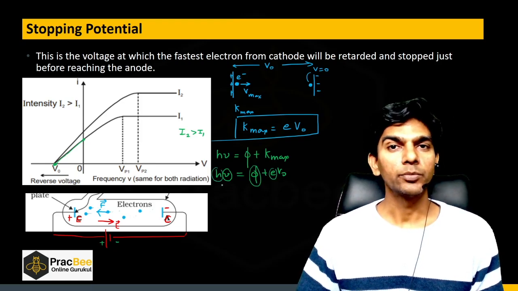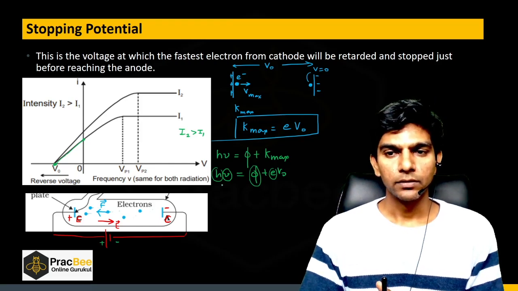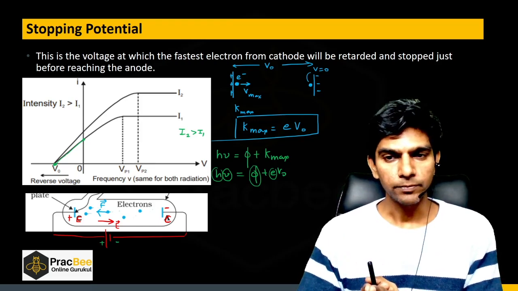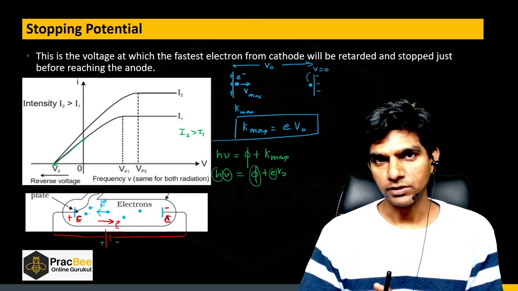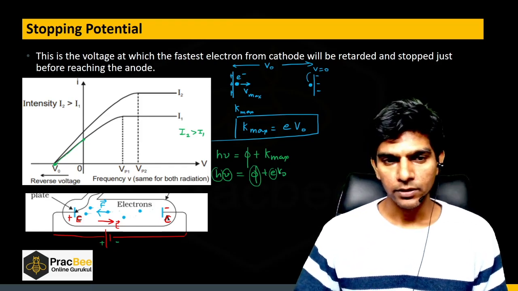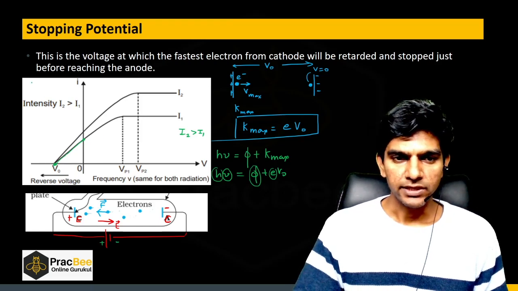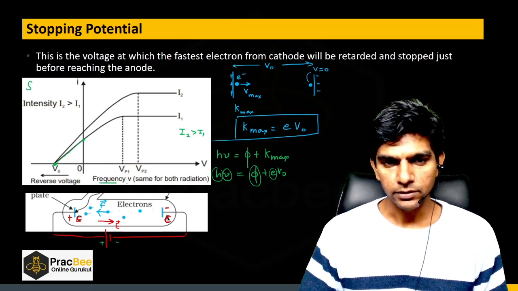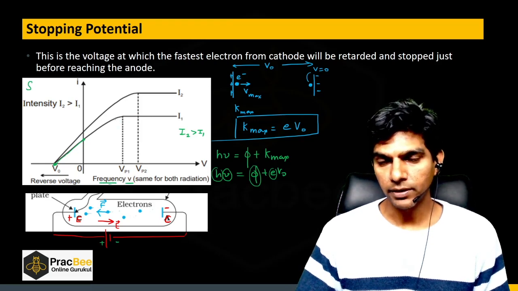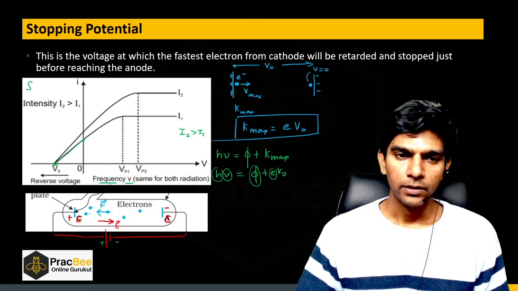So we can say stopping potential does not depend upon intensity. It will remain the same for the same frequency. But as we change the frequency, the stopping potential will change. So it is clearly mentioned here for the same frequency. So do remember this graph, and how to compare if we have different intensities.